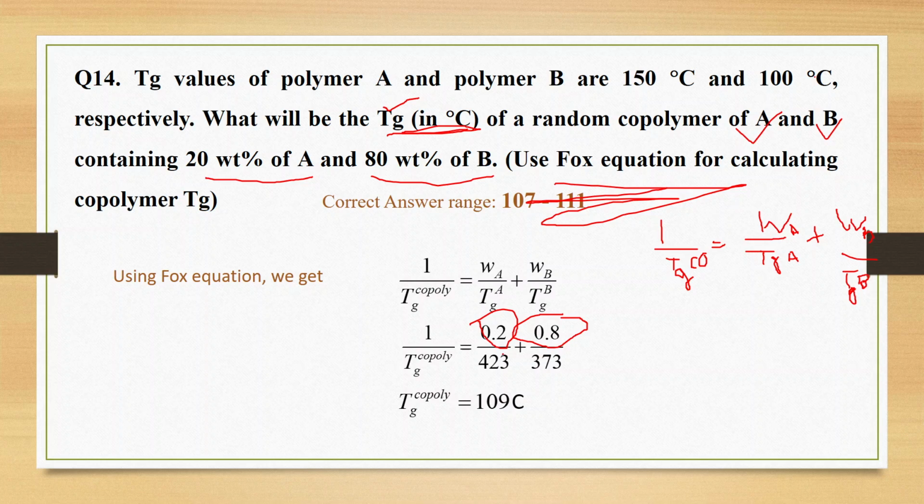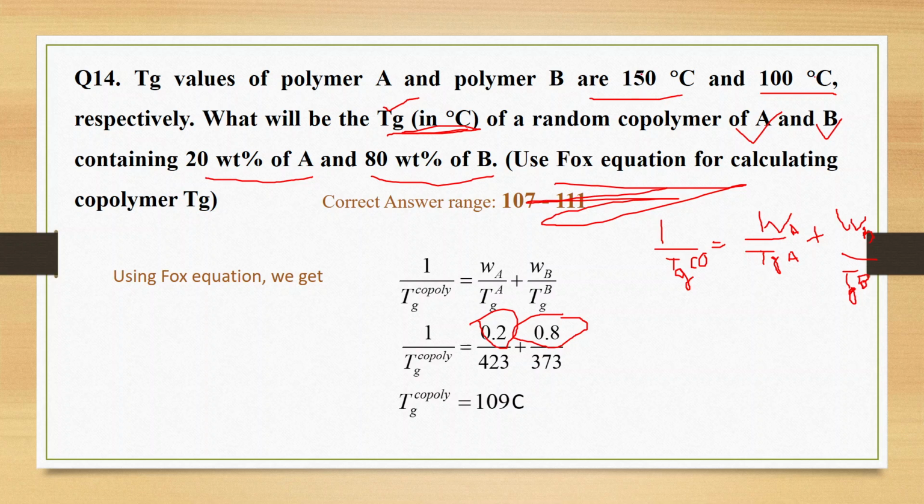Now you have to convert the Tg value for polymer A, which is 150 degree centigrade, and polymer B is 100. So obviously we have to add 273 to convert it to Kelvin.